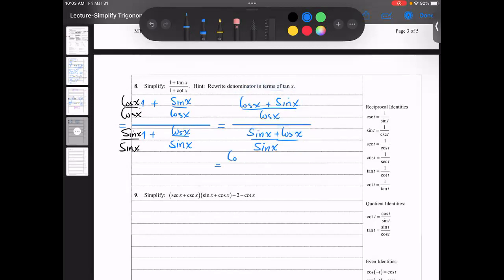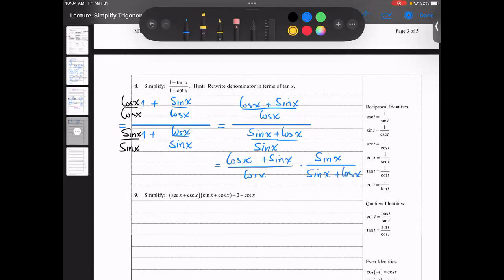Can I rewrite it as sine x plus cosine x? Is that okay? I'll rewrite it the same. Cosine x plus sine x over cosine x, that's the top, times, now you have to flip the fraction in the bottom. So sine x on the top, and then the bottom is sine x plus cosine x.